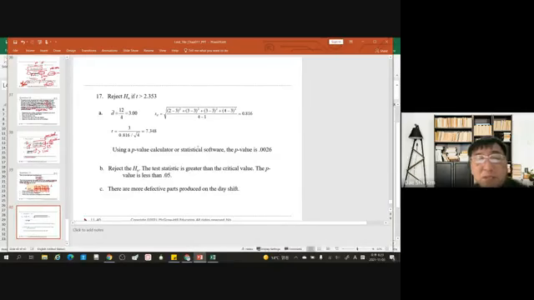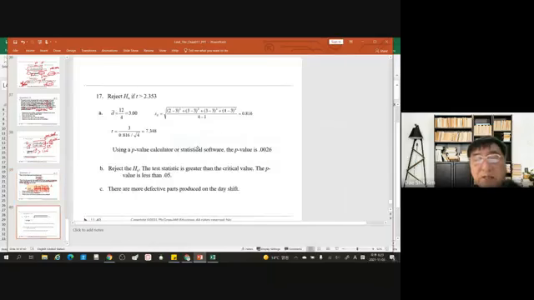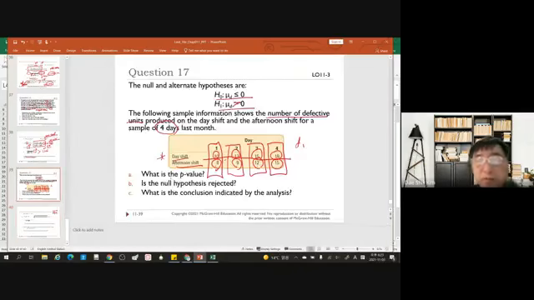So we need to say what 1, 2, 3, 4 are. N is 4. Degree of freedom is 3. And the p-value, it doesn't say anything about... sorry, alpha is not given.